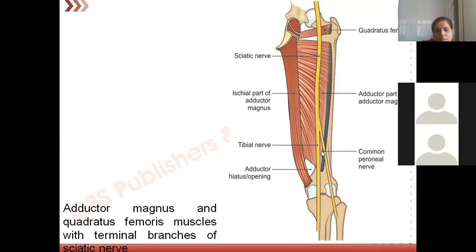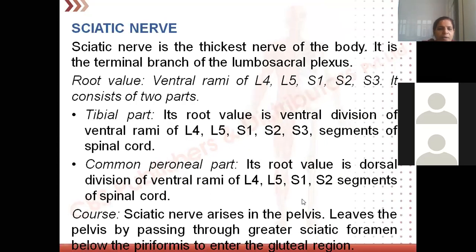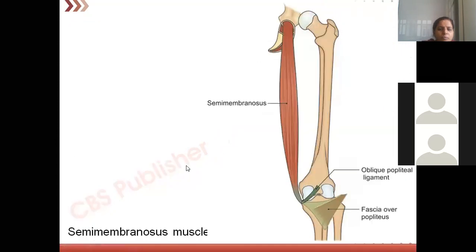The tibial nerve supplies the posterior compartment of the leg. Then the common peroneal nerve divides into the superficial and deep peroneal nerves.